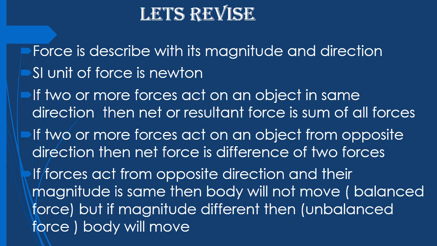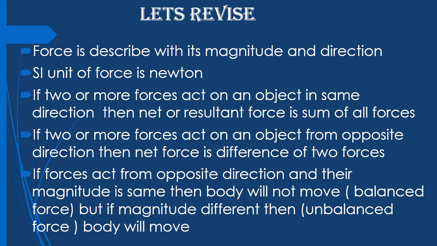Let's revise. Force is described with its magnitude. So what's magnitude? The strength, the amount, and of course along with that direction. The SI unit of force is Newton. SI unit, when we say, unit which is accepted all over the world. If two or more forces act on an object in same direction, then the net or the total force or the resultant force is sum of all the forces.